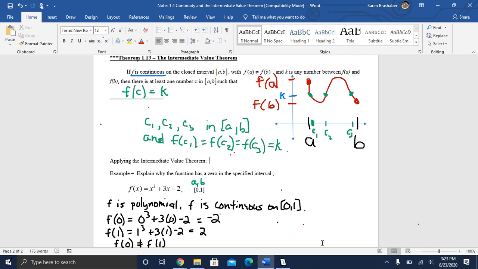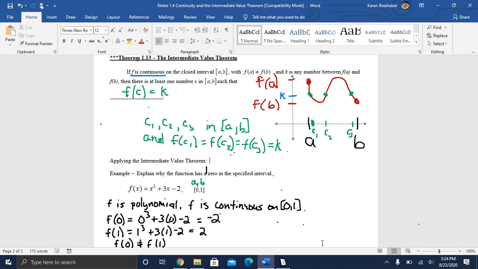And then finally, still in the conditions, we have to look and see, is there a k value, or what k value are we interested in for this theorem? Well, it's asking us to explain why there is a 0 in that specified interval.